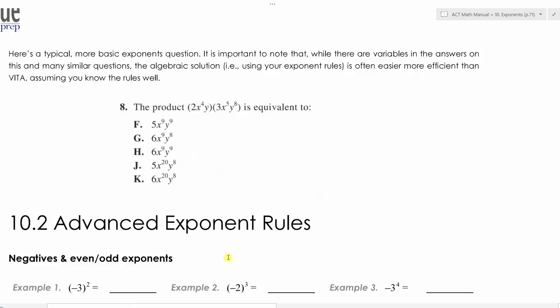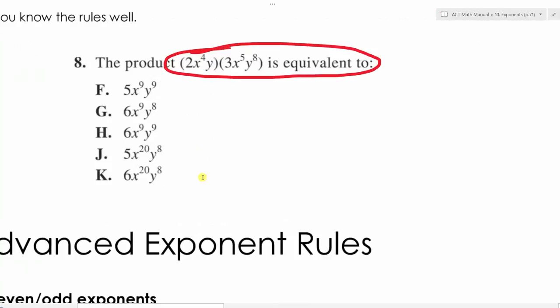Typical, so this is the next page, page 72, a very typical type of basic exponent question, number 8. They want to know what this product is equivalent to. Keep in mind, if you were struggling on your exponent rules, if you were really unsure of them, or had forgotten them and were worried you'd make a careless mistake, you could use Vita here.